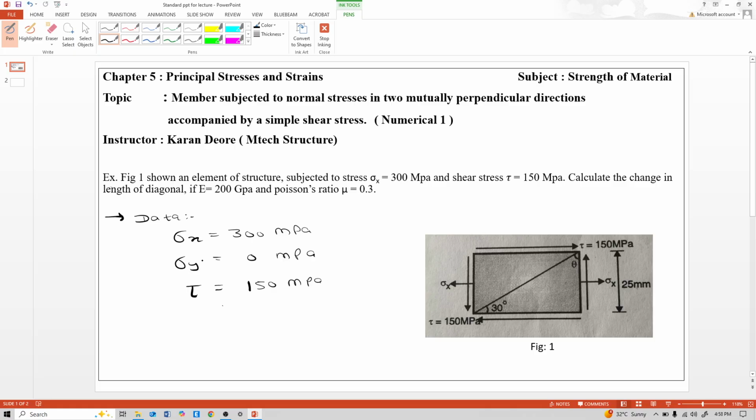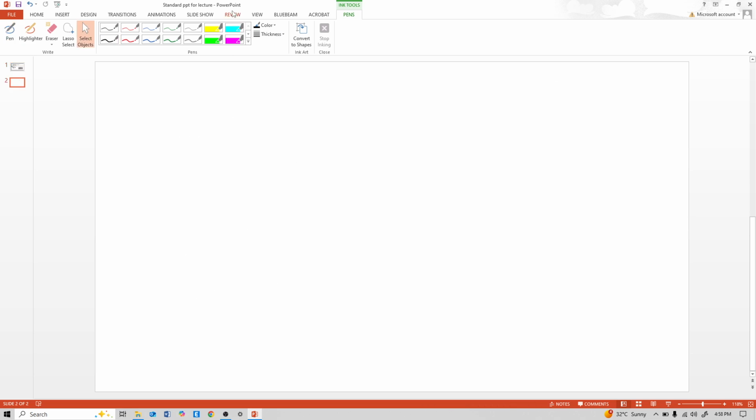Here is the sign convention for shear stresses. If shear stress acts in the anti-clockwise direction, then it is negative shear stress.